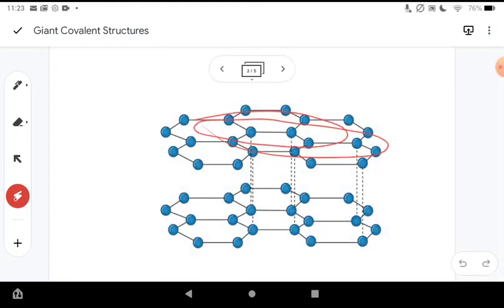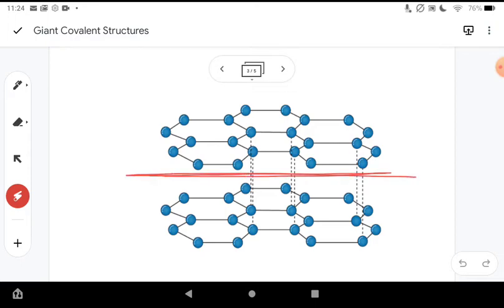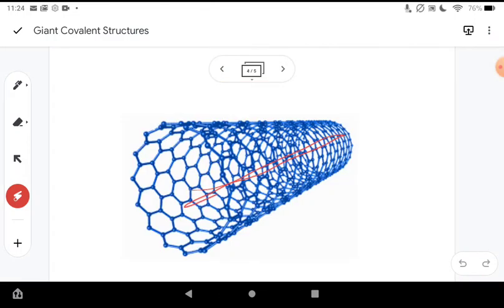And the individual sheets of graphene, and the graphite, which is lots of layers of graphene, the electrons are delocalized and can move. Similarly, the electrons are delocalized and can move up and down the tube. So this is a way of conducting electricity. It's similar to a wire, and it can be worked as a wire, but it's a lot stronger and more rigid.